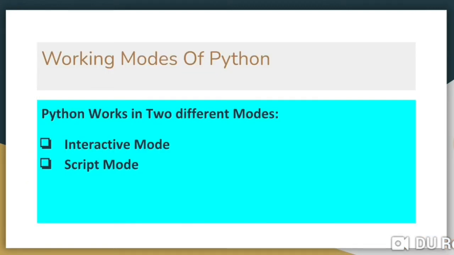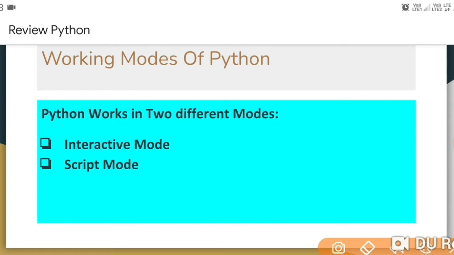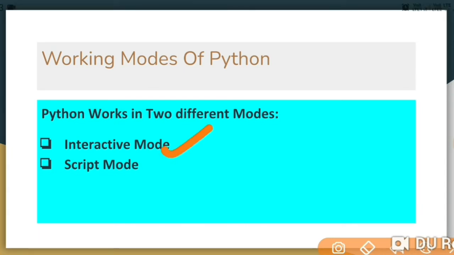Now you have to understand how many modes there are of Python programs, how many ways you can write a program in Python IDLE. There are two methods in which you can write your program in Python: interactive mode and script mode.